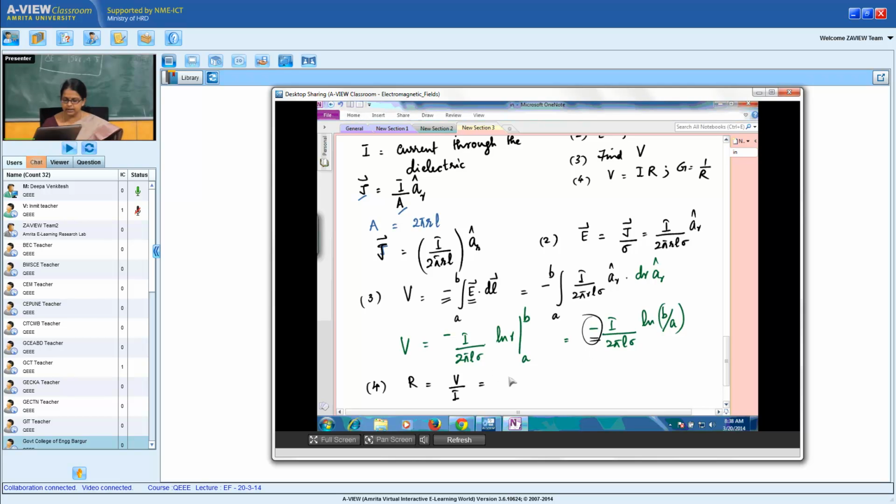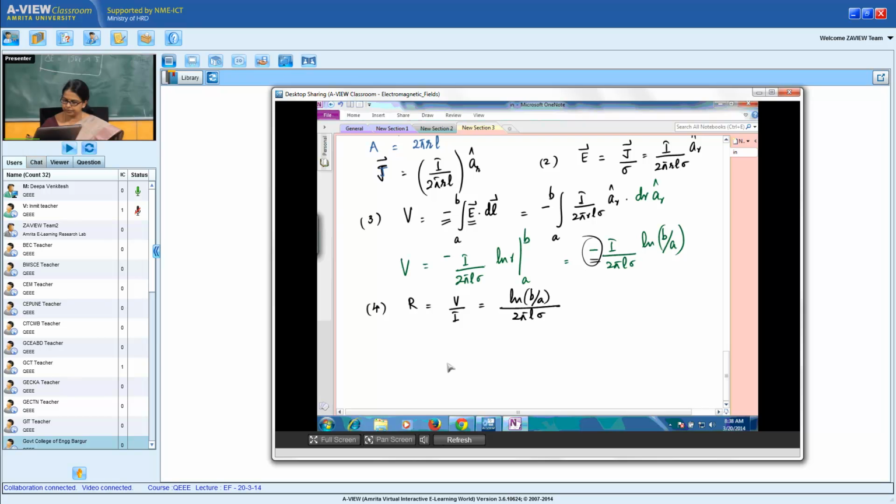So V by I gives me ln of b over a over 2 pi L sigma. And conductance in that case would be 2 pi L sigma over ln b over a.